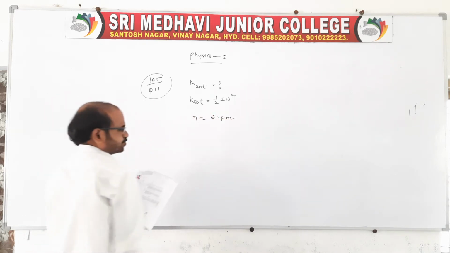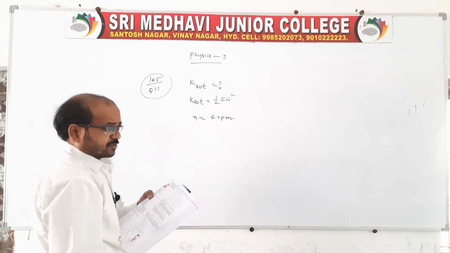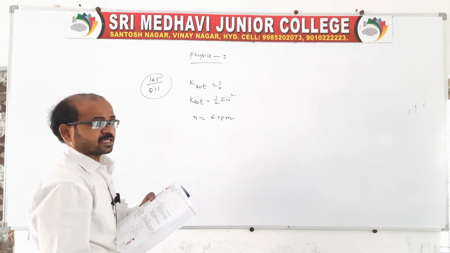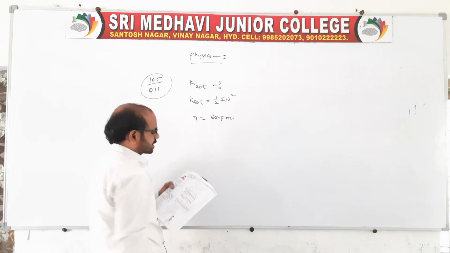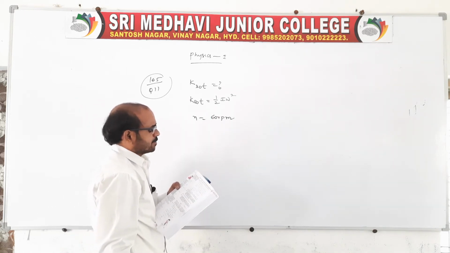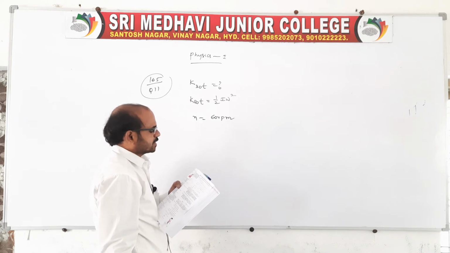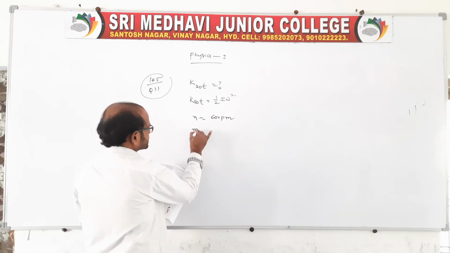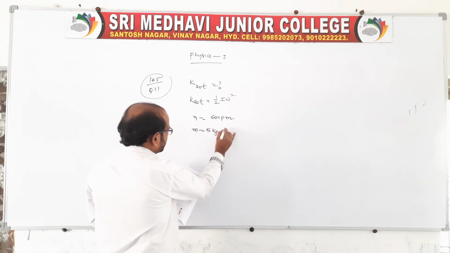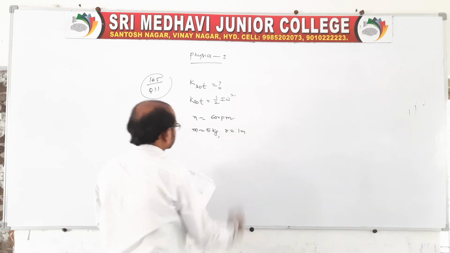Not omega. If speed is given it must be in radians per second, but it is given in rpm, rotations per minute. About an axis passing through a point on its circumference and perpendicular to its plane. Circular disc of mass 5 kg and radius 1 meter is given.